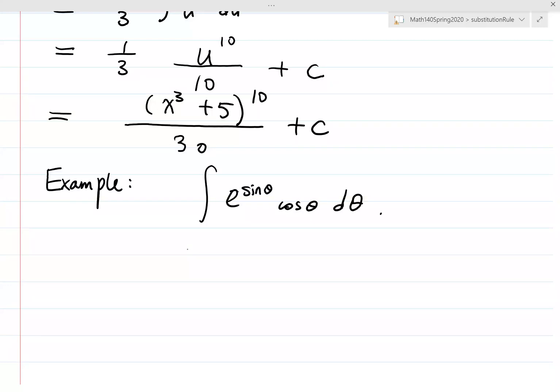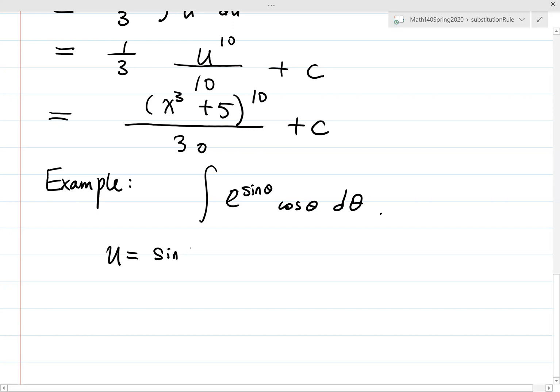So the general principle when you choose a substitution factor is to simplify the problem. So let u be sine theta. The reason we choose sine theta is, if you differentiate, du over d theta gives you cosine theta, and the factor cosine theta indeed appears here.